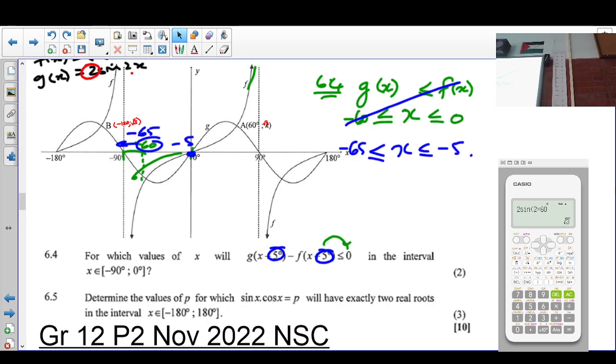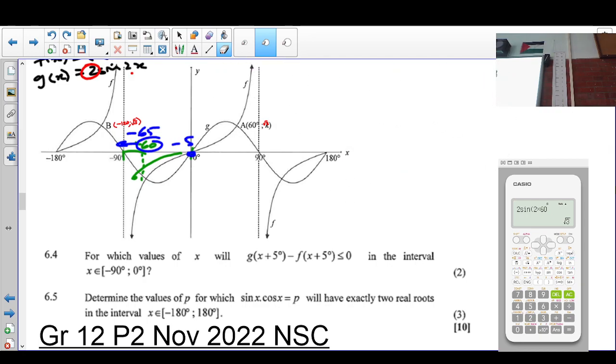In 6.5, determine the value for p for which sine of x times cos of x is equal to p has exactly 2 real roots in the interval from negative 180 to 180. People, what are roots?